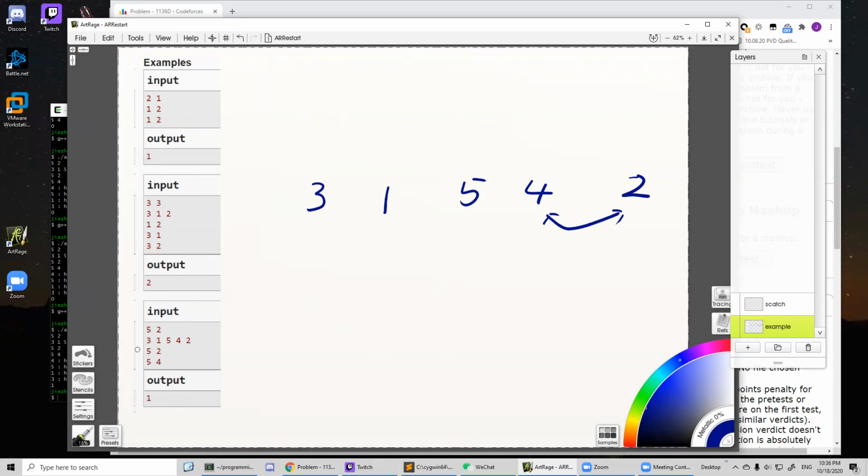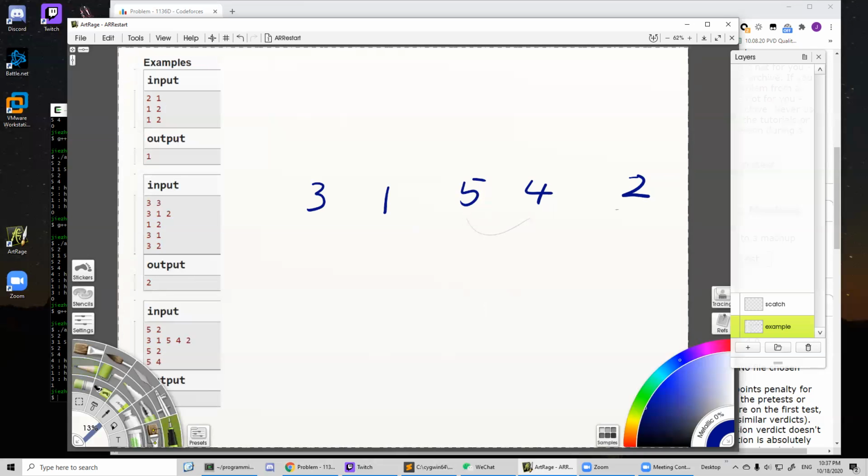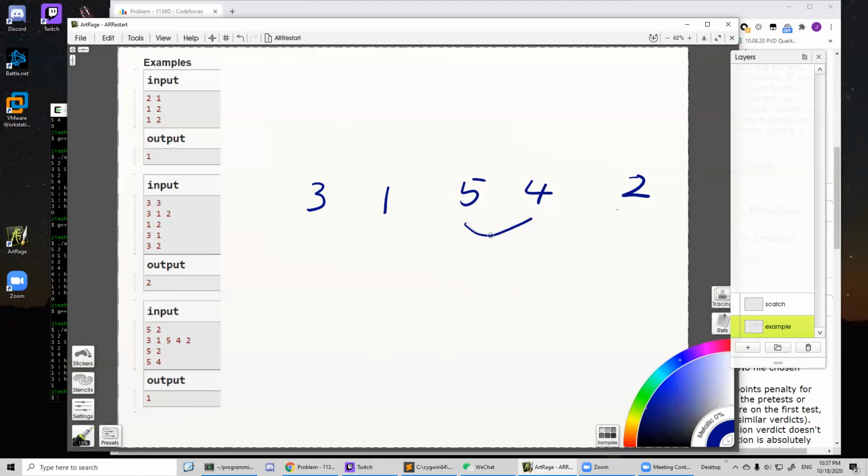No, because 4, 2 is not in the given pairs, right? So we cannot switch their positions. So can we switch 5 and 4? The answer is yes, because 5 and 4 is in the given pairs, right?